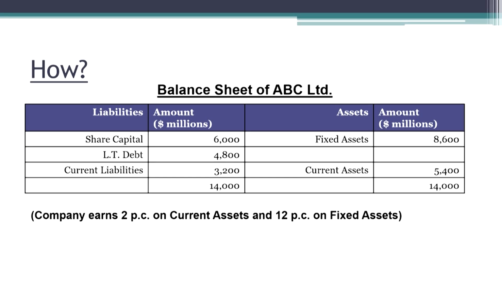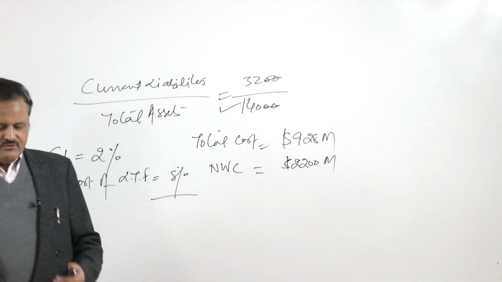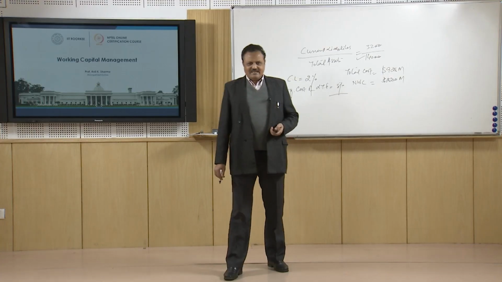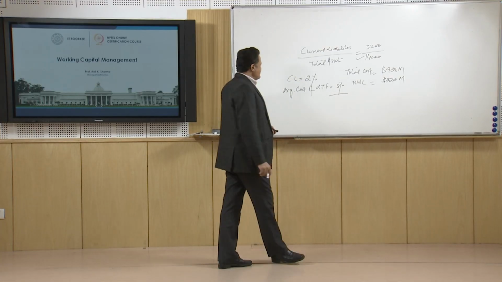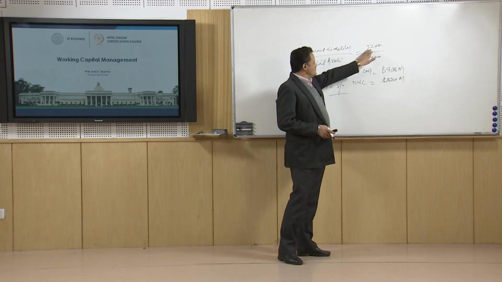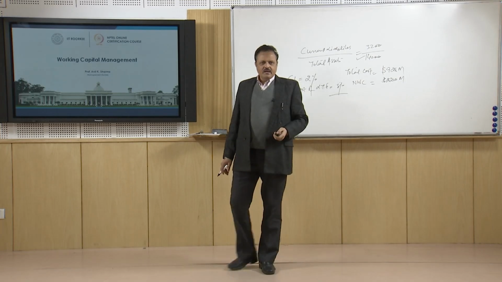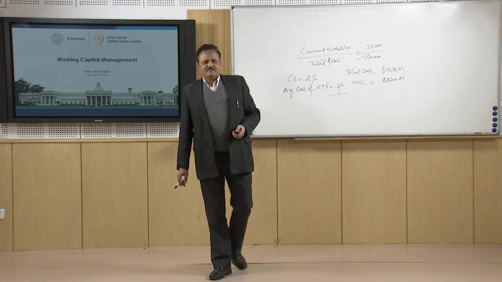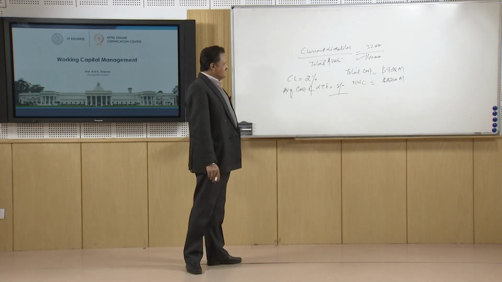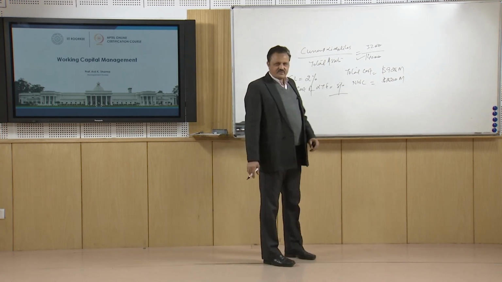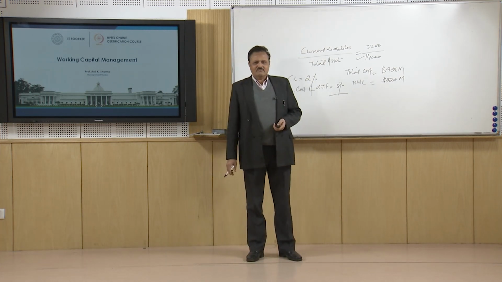So, 5,400 minus 3,200 is 2,200 as the net working capital, and there the current liabilities were 3,200 and the total assets are 14,000. On that basis the cost of the funds is $928 million and the NWC is $2,200 million.